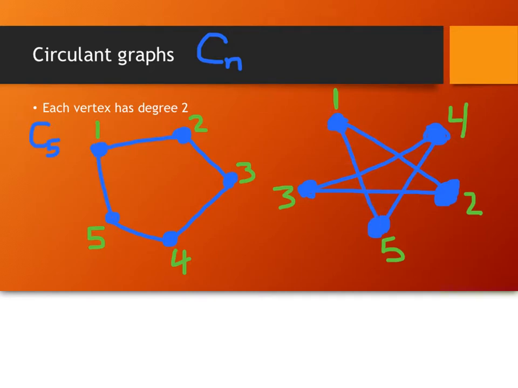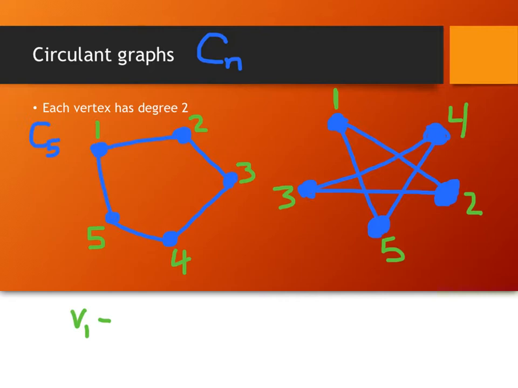Now, it turns out that Hamilton paths and Hamilton circuits aren't too interesting on circulant graphs because really there's only one Hamilton path and one Hamilton circuit from any vertex. For instance, if I started at vertex 1, you can either go around clockwise or counterclockwise from the figure on the left.